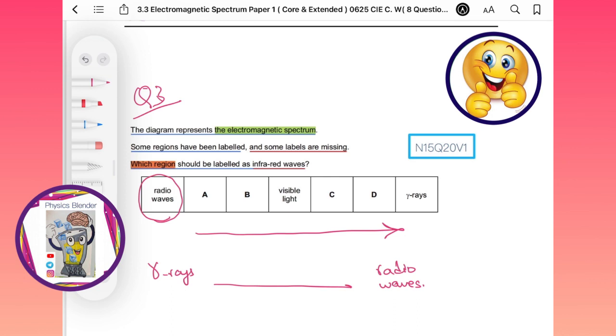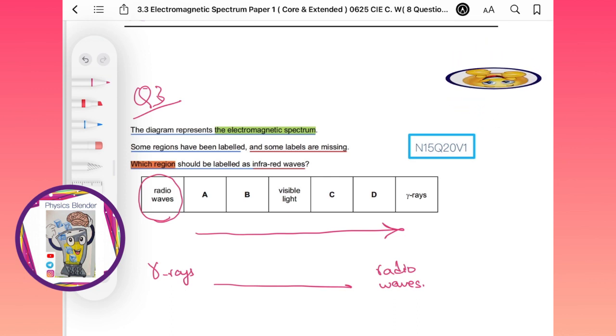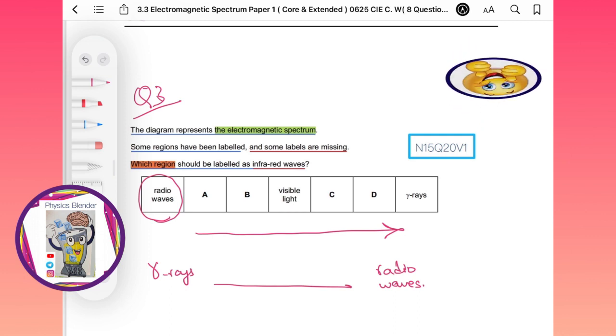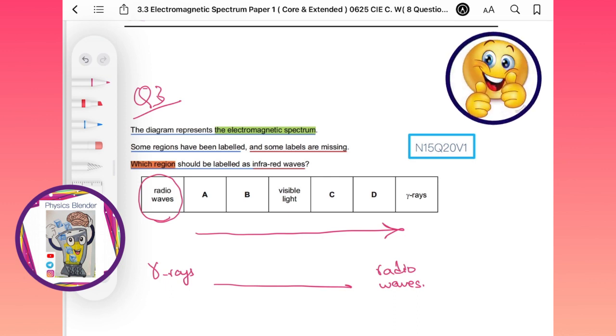Okay, back to the one we have in our question. What happens here? You have to learn them in order. We have radio waves, and some regions have been labeled and some labels are missing. Which one will be infrared? You know them in order.